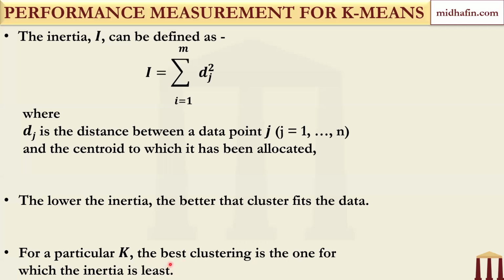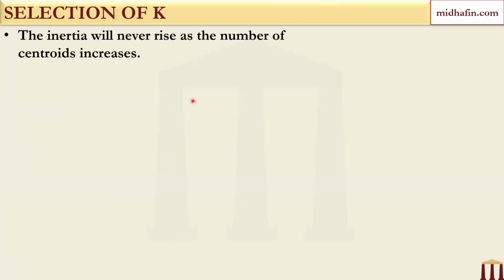So we can first understand the idea that as the number of centroids increases, the inertia will never rise. And it makes sense also because if you compare it with the extreme case, every single time you increase the number of centroids, it will never rise. Either it will stay constant or it will go down.